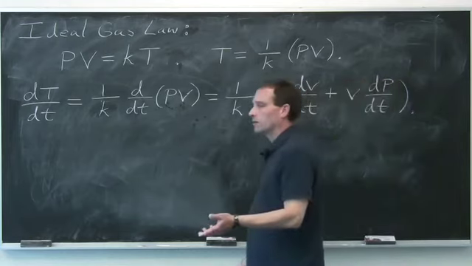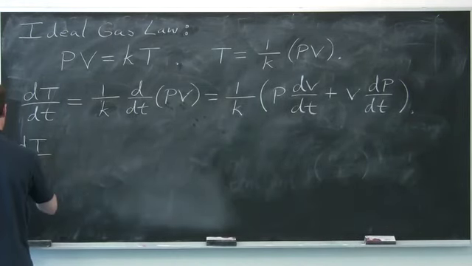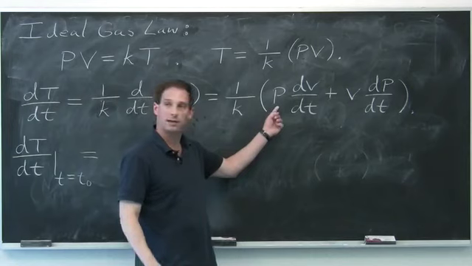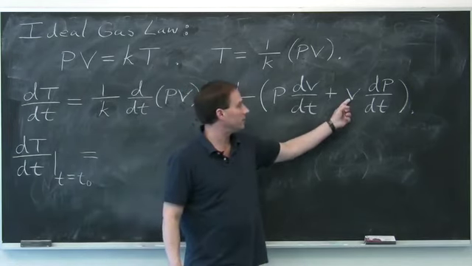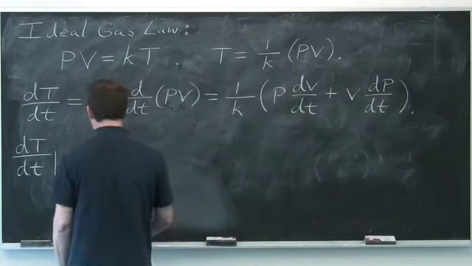Right? So at time t naught, what do we get? You just evaluate everything at time t naught. And since you were told P at time t naught, dV/dt at time t naught, V at time t naught, and dP/dt at time t naught, you can fill in everything.